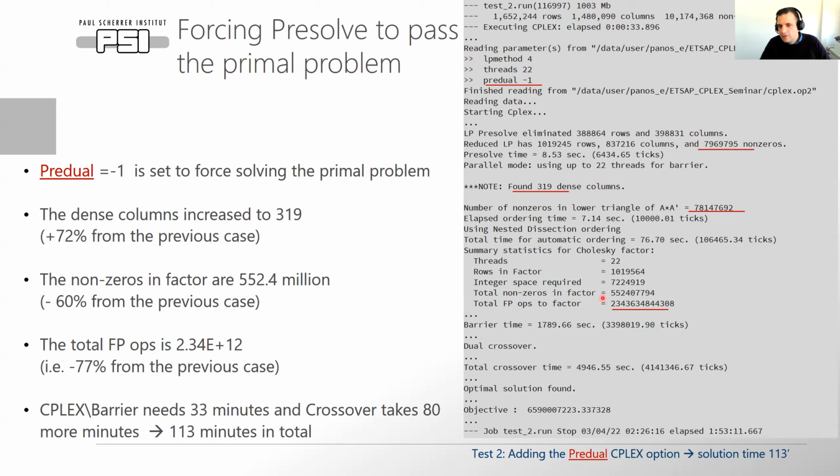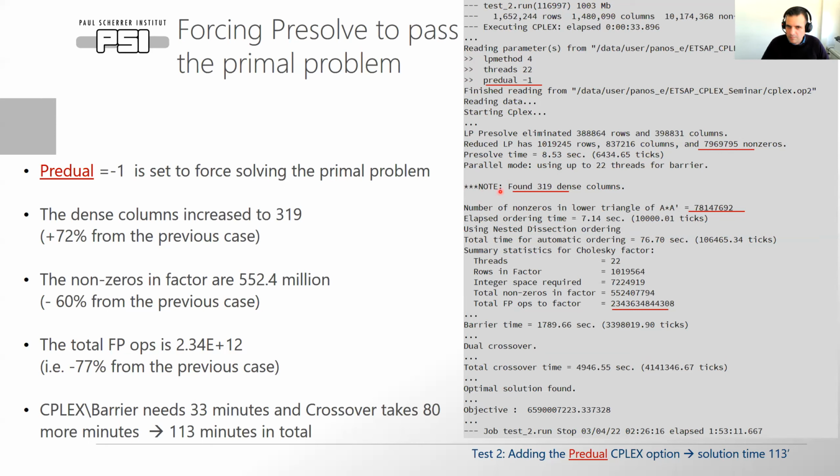Similarly, the total non-zeros in the factor are not 1,300 million anymore but half a billion, which means 60% less. By just setting the pre-dual, we go from 9 hours to less than 2 hours of solution time. That was our first option.